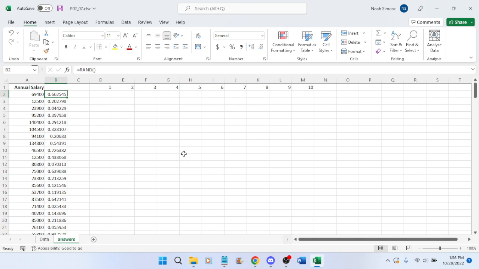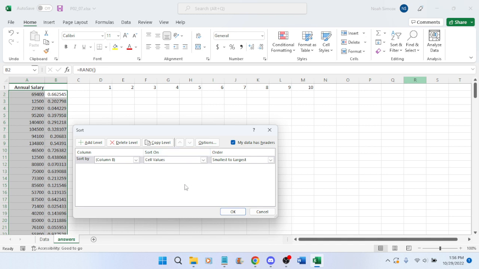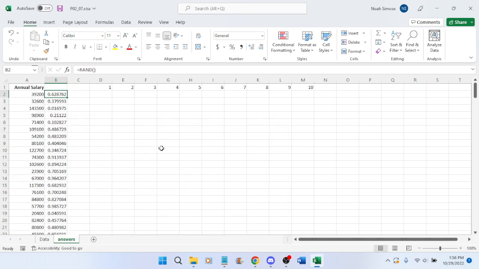So now that we've sorted it from smallest to largest, no, we haven't. What? You haven't sorted it yet.